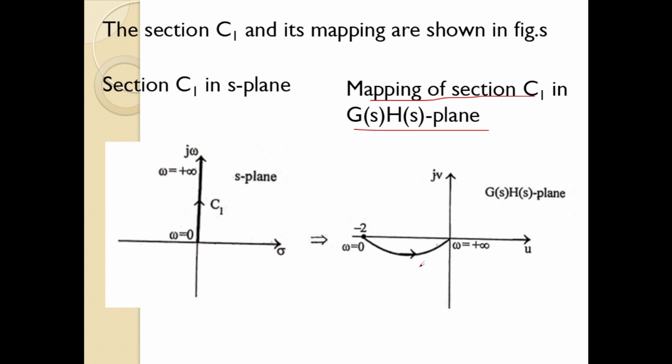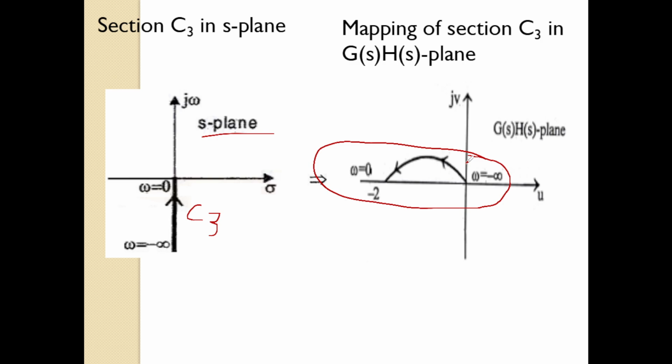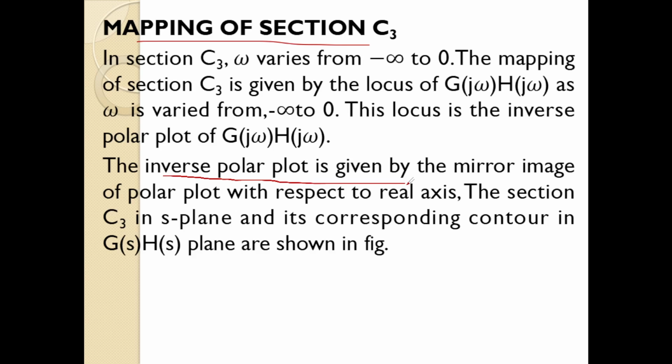Just now I have shown you the polar plot of C1. So this is just the exact opposite of the polar plot of C1. This is what you will get. So simply write down the mirror image. In theory also I have written that the inverse polar plot is given by the mirror image with respect to the real axis.